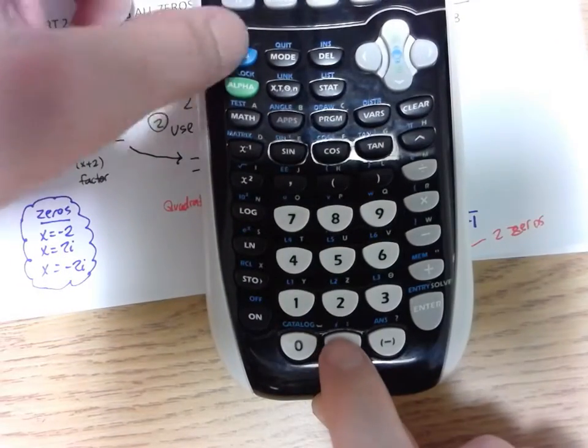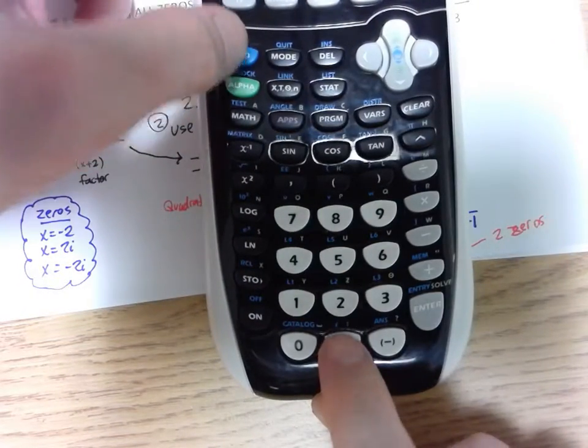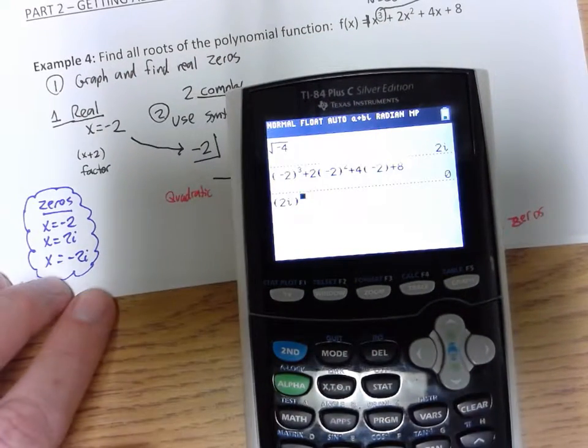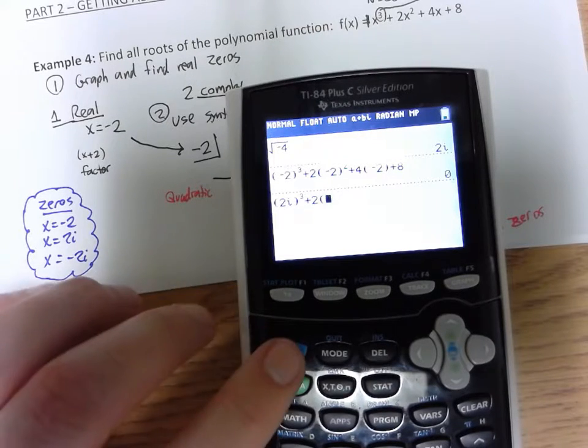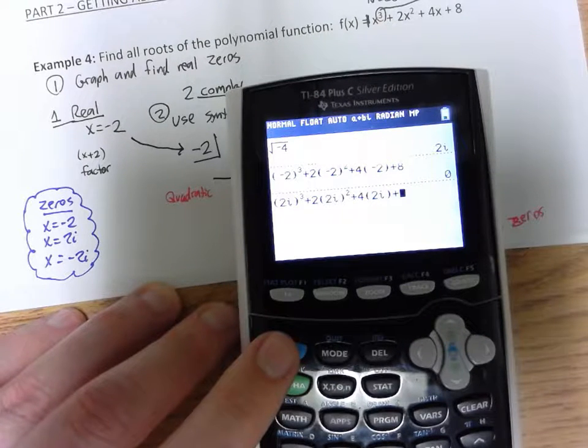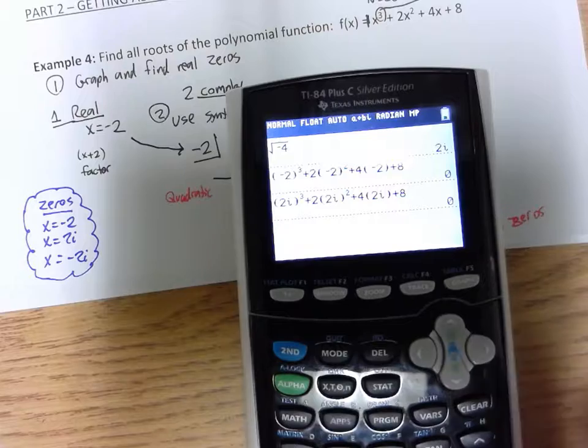Right down there, second point. So I can plug in positive 2i. Get 0 that way.